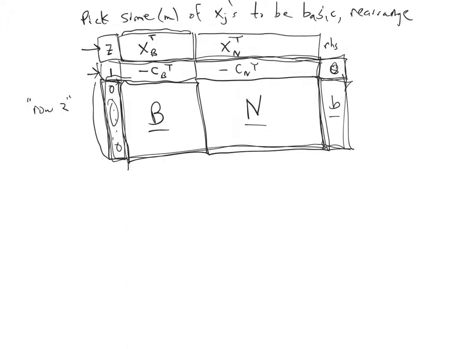We think of that as a row, and we just multiply that whole row by B inverse. So if we do that, and I've got to recopy these, because this ain't no smart board, we got 1, minus cB transpose, minus cN transpose, and 0.